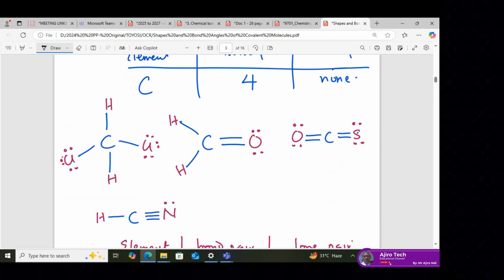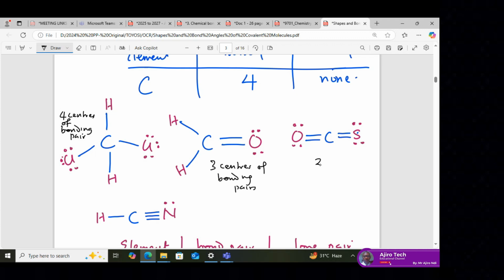What about this carbon? 4 centers of bonding pair. How many centers of bonding pair do you have? This one is 4 centers of bonding pair. What about the next one? How many does it have? 3 centers. Am I right? Do you agree, 3 centers of bonding pairs?